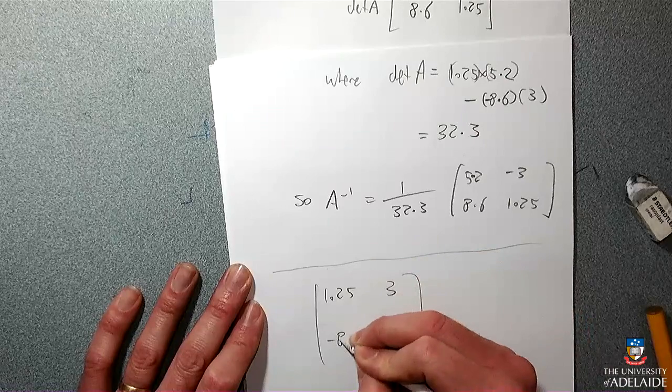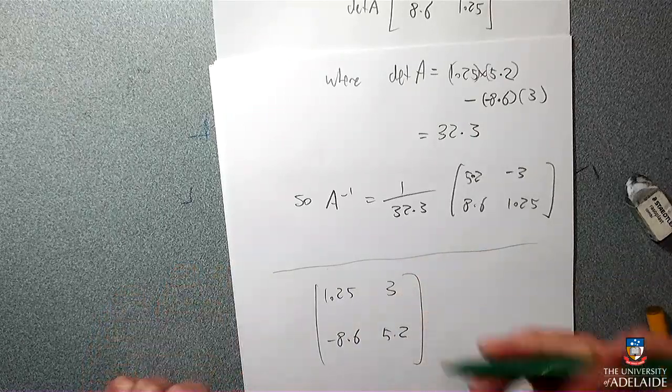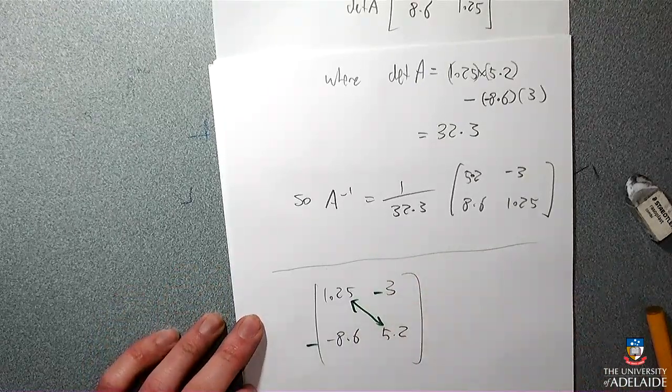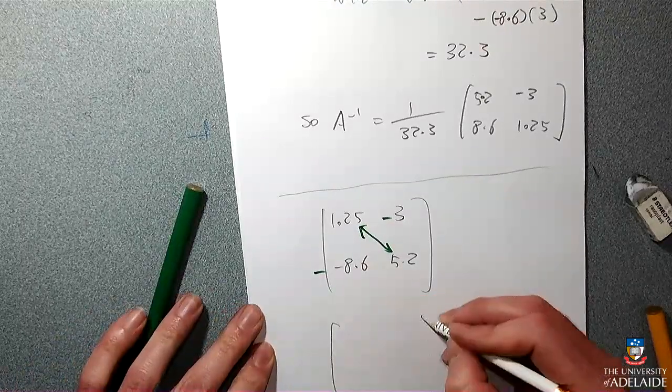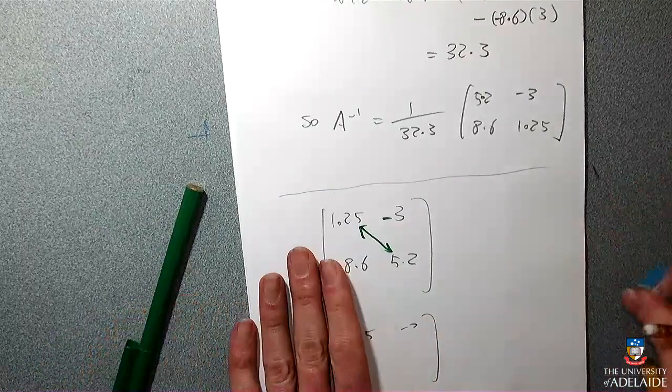So the inverse: we switched these two, and we minused these two, and then we also calculated this to get the determinant. Well, that was a +3 before.